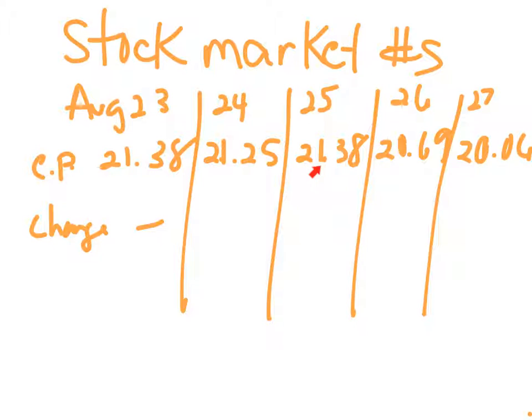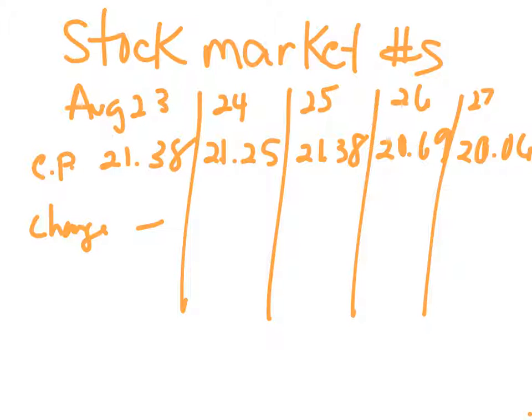The next day it might be 21.38, next day 20.69, next day 20.06. And we want to track the difference. Well, if you use a calculator, it prints out the negative for you automatically.